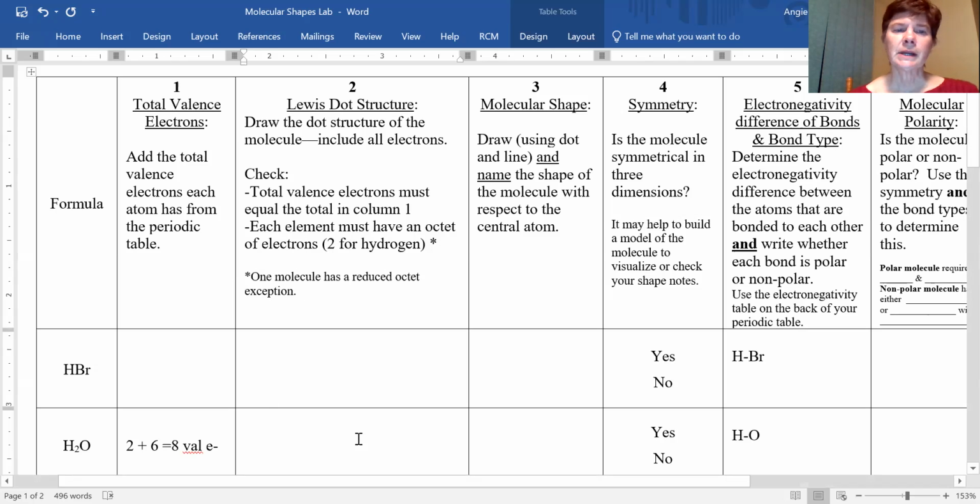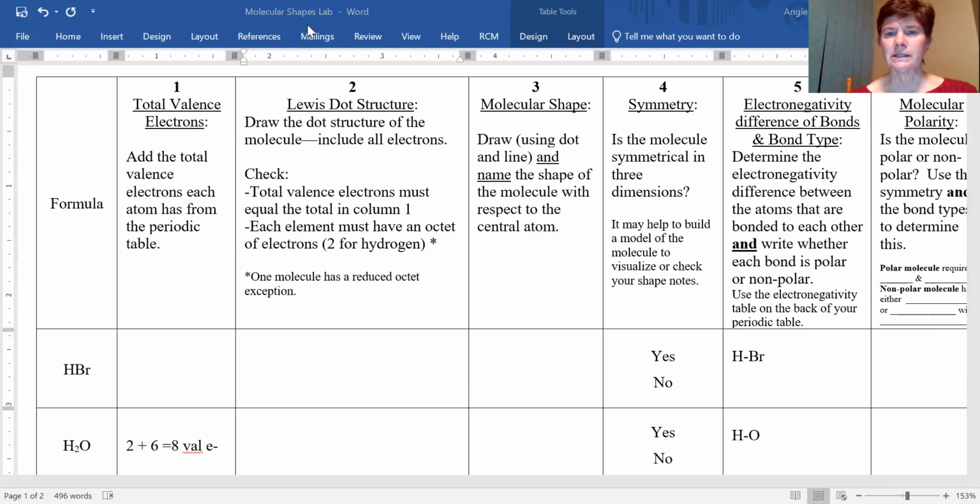Next, we're going to look at drawing this Lewis structure. Sometimes that's also called a Lewis dot structure, and we'll be using the canvas part of your screen. Let me find that. Looks like I have a whiteboard that I can use, so we'll try working with that.